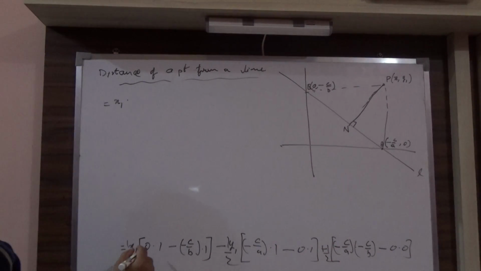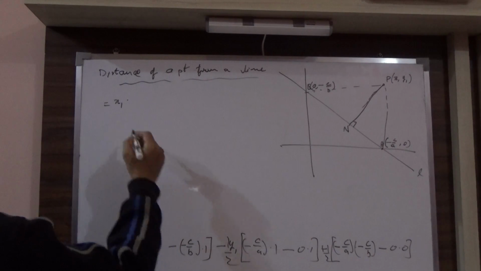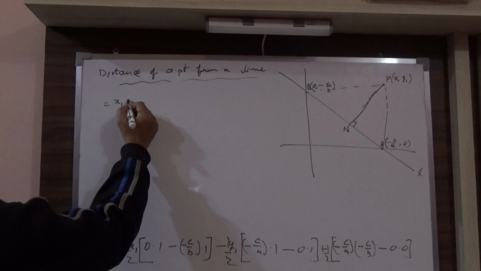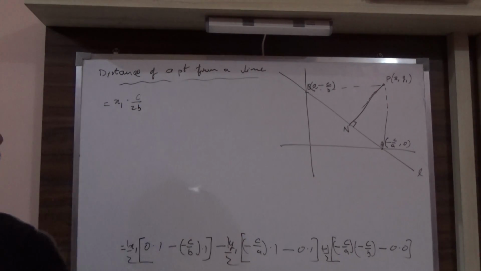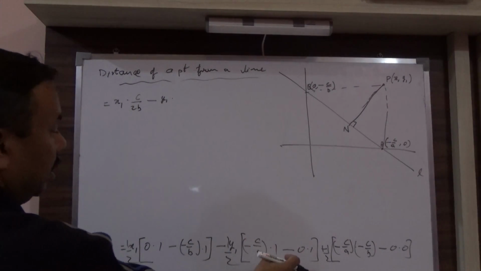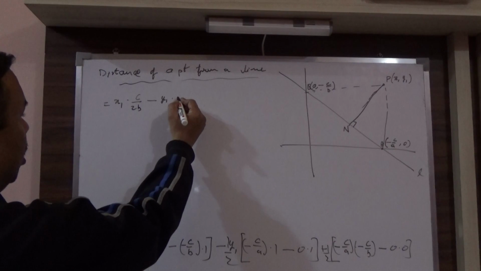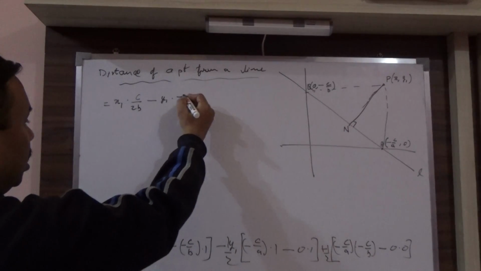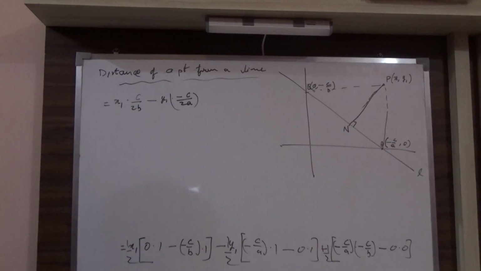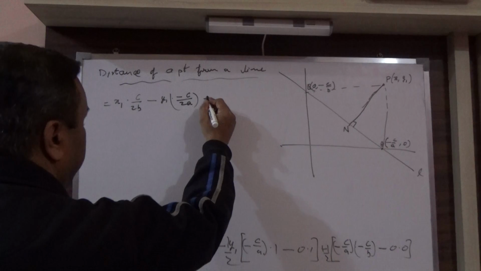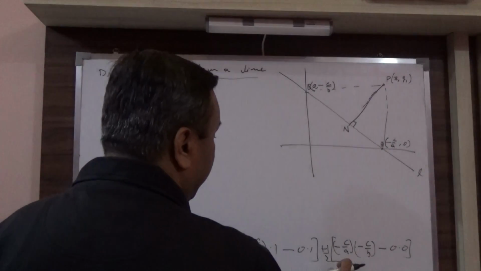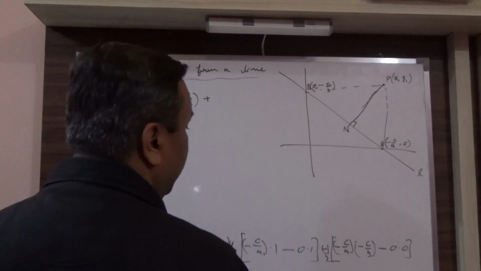So this will be half x1 into, this will become 0 and this will be C by B, so into C by 2B. Then minus y1 into, again this will become 0 and this will be with minus sign, minus C over 2A, and plus half of C square over AB.